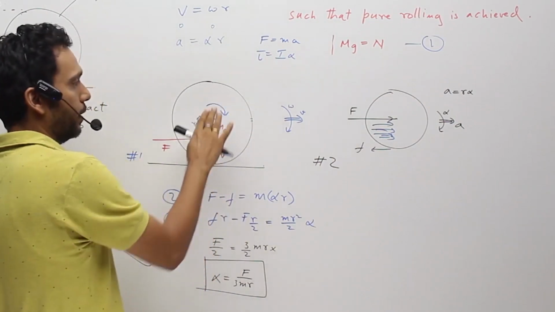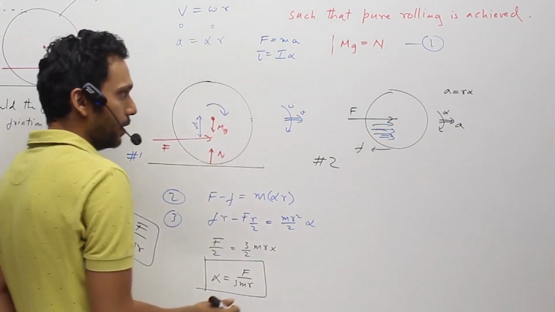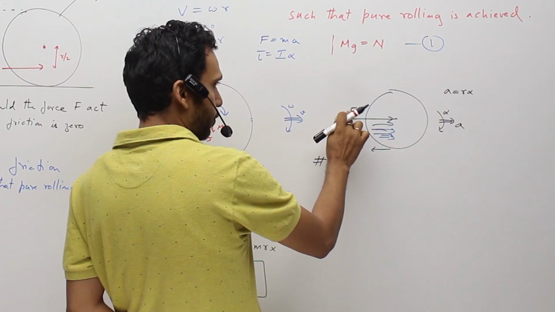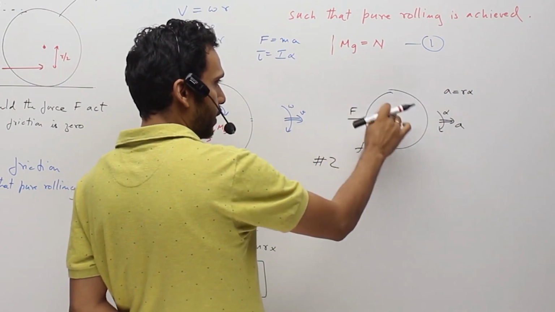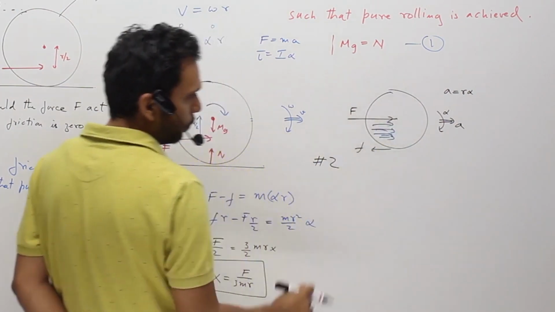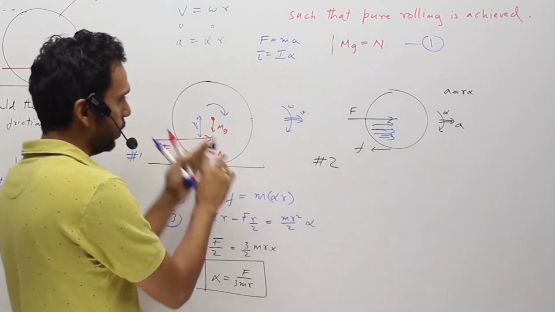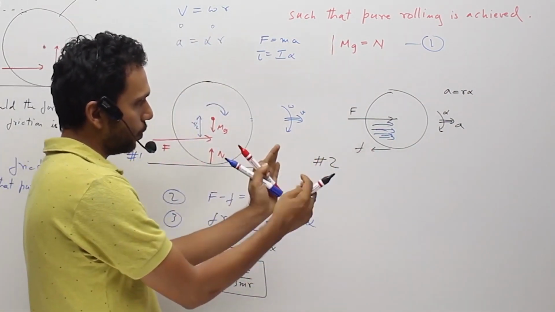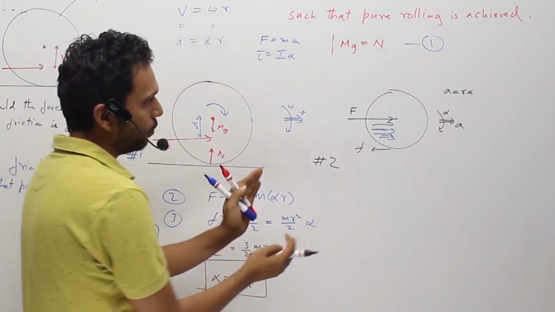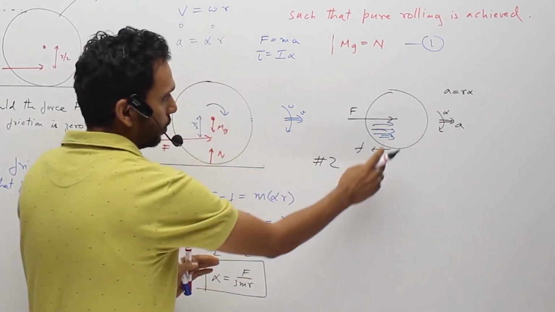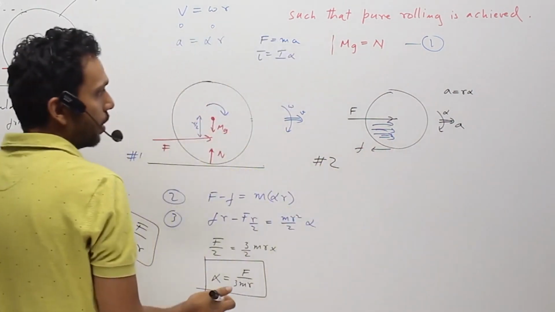An external force at the center and below will always try to drag the body forward, and the drag will be felt at the point between the body and the ground, and the friction will be backwards.